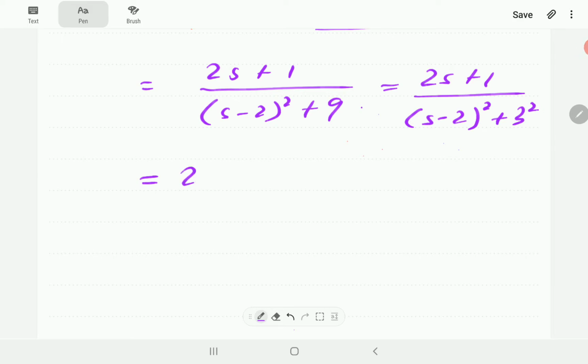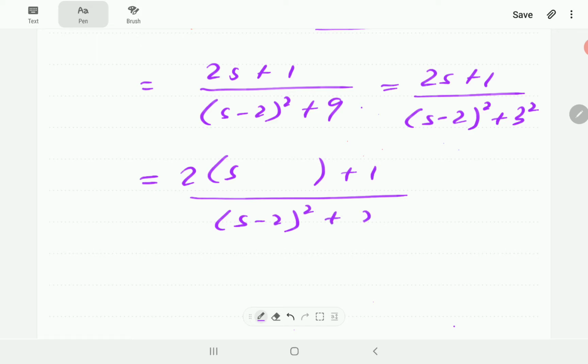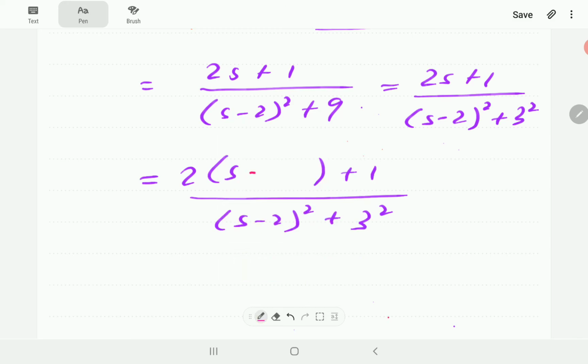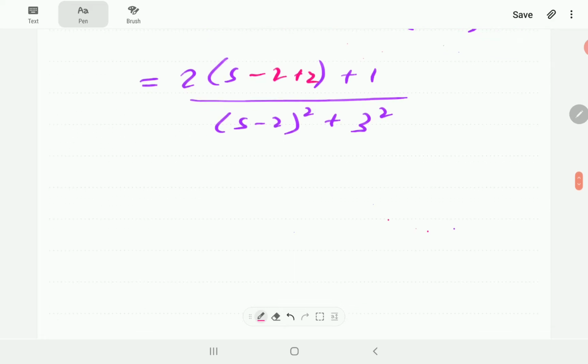We have 2s plus 1 in the numerator, and in the denominator we've got s minus 2. So we're going to need s minus 2 in the numerator. Since there is no minus 2, we slot it in: minus 2 plus 2. Minus 2 plus 2 is 0, of course.